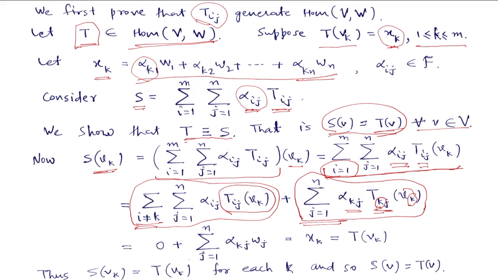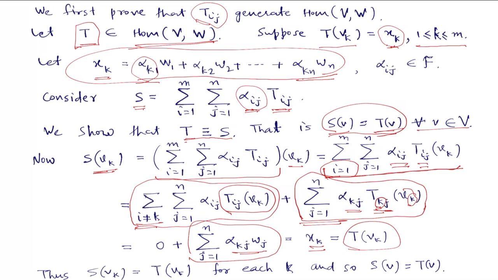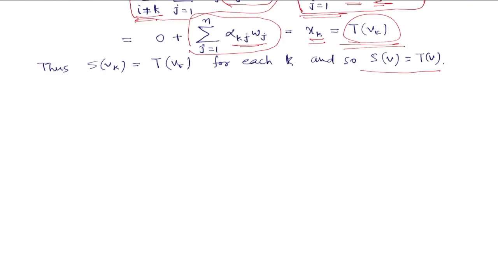So this becomes summation j varies from 1 to n alpha kj Wj, and this is nothing but xk, you can see from here, and xk is T of Vk. So S of Vk is same as T of Vk for all basis vectors, and so S of V is same as T of V, and this shows that Tij generate Hom VW.